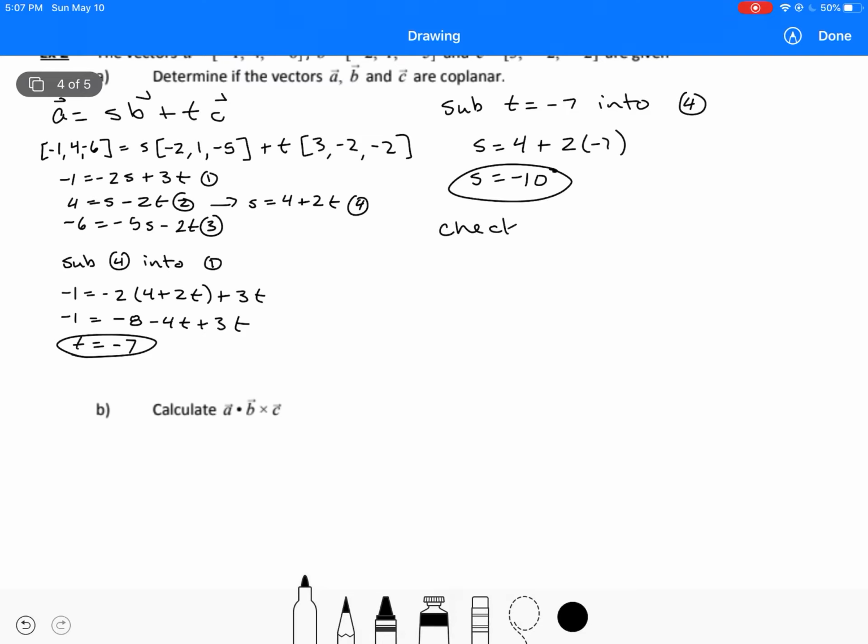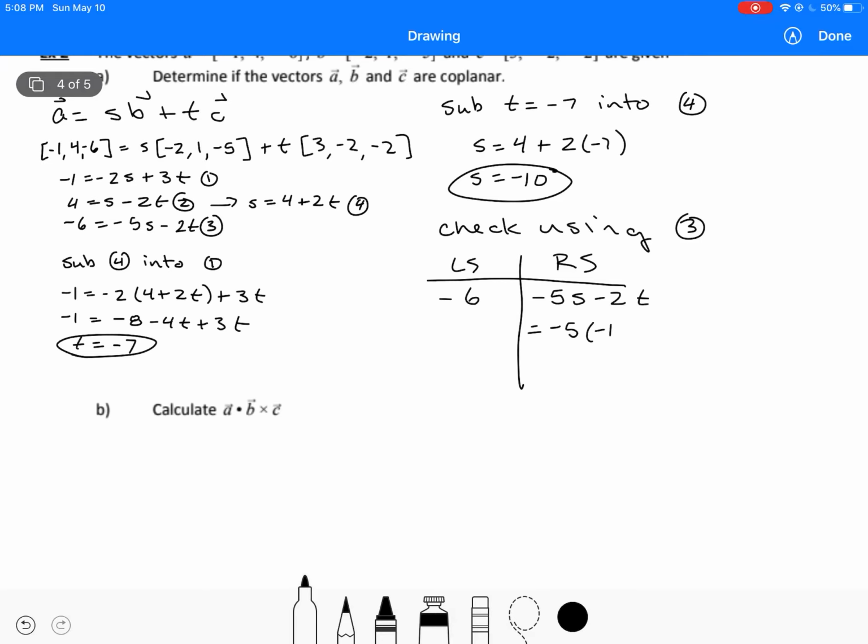Now we're going to check using equation 3, the one that we haven't used yet. So it's a simple left side, right side check. The left side of equation 3 is minus 6. Our right side is minus 5s minus 2t. So if my vectors are coplanar, I'm expecting that I should also get minus 6 on the right-hand side.